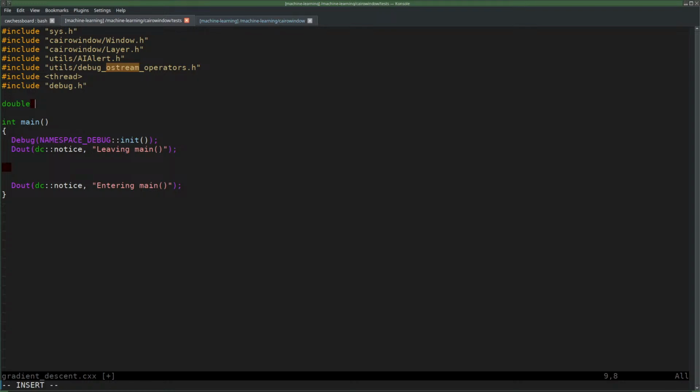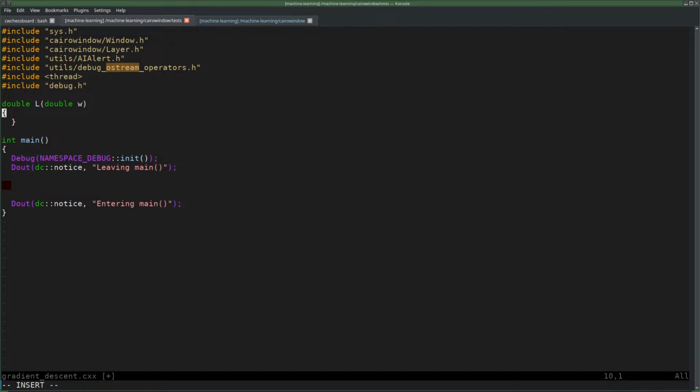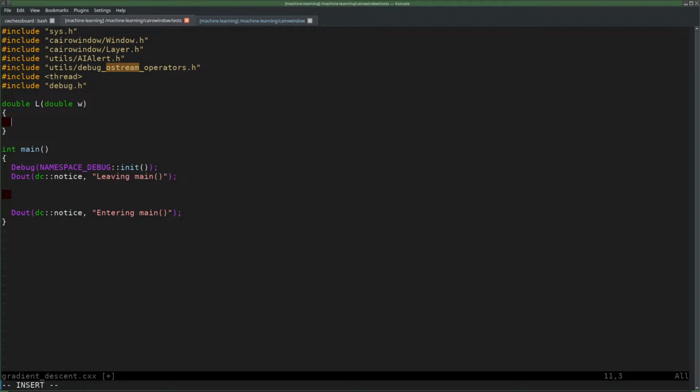Double function L double W. Annoyingly, shall I just use symbolic to define this?